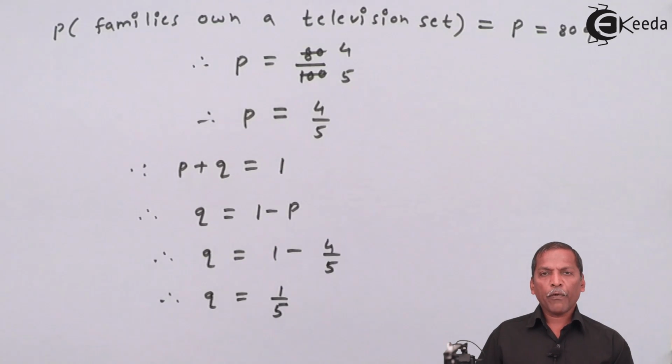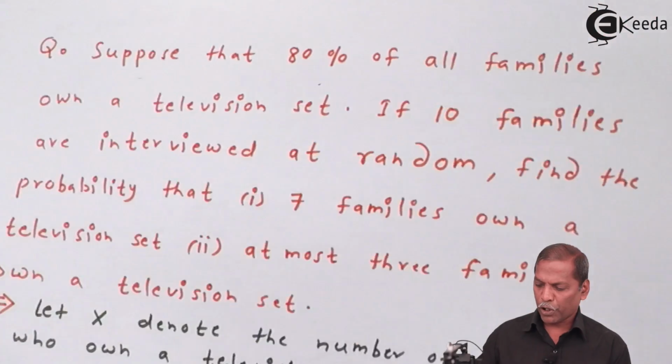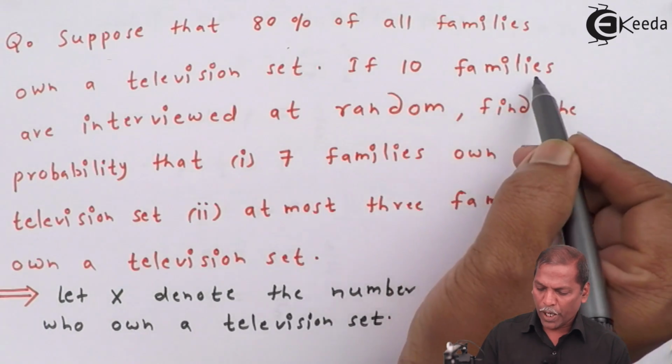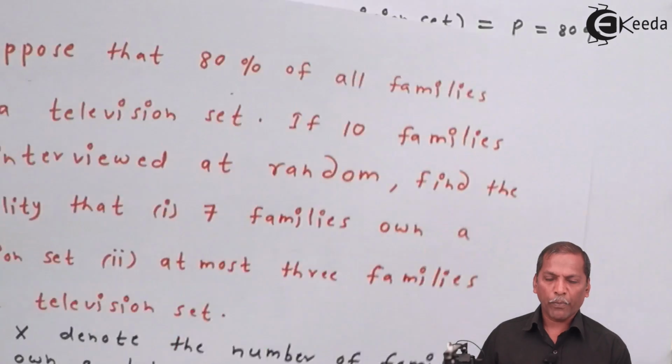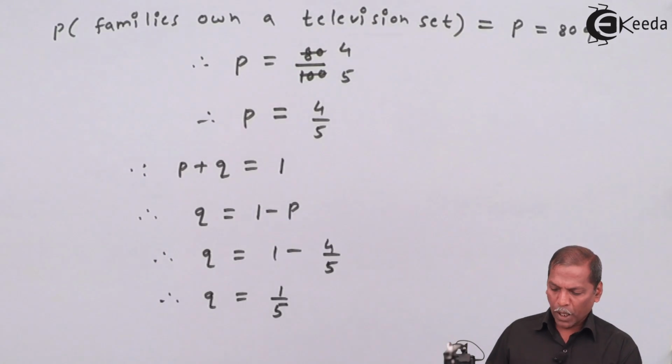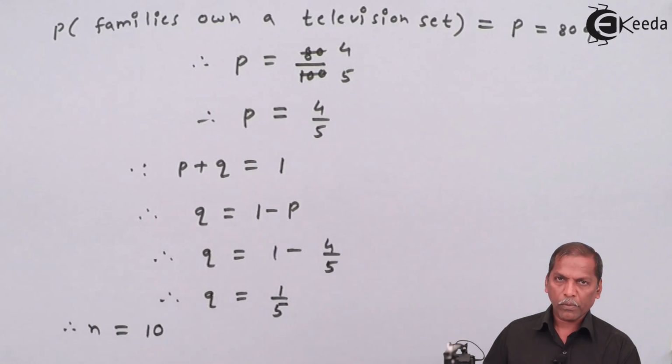So in this way, we get the value of Q. Now, we need the number of trials. In the question, they mention that 10 families are interviewed at random. It means the number of trials n is equal to 10.